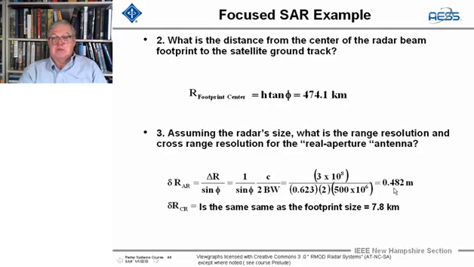Here are the quantities, and you get 0.482 meters. The cross-range resolution is just the same as the footprint size, because we haven't done any synthetic aperture processing. It's the same as the 7.8 kilometers we got in the previous slide.